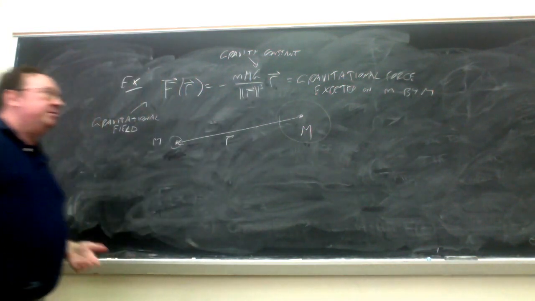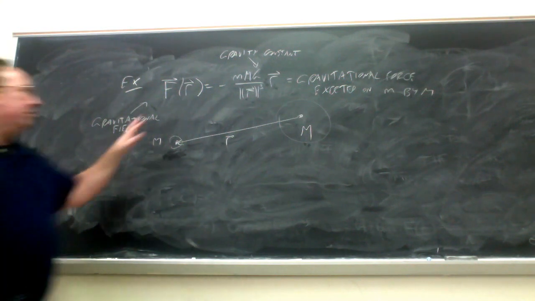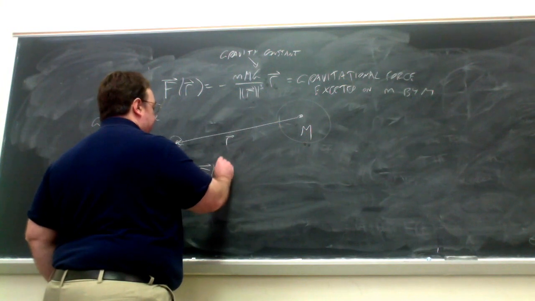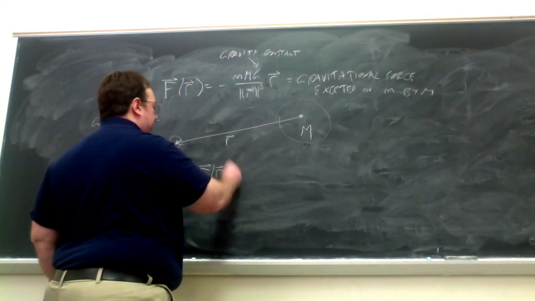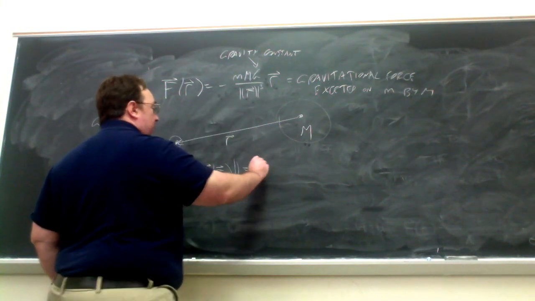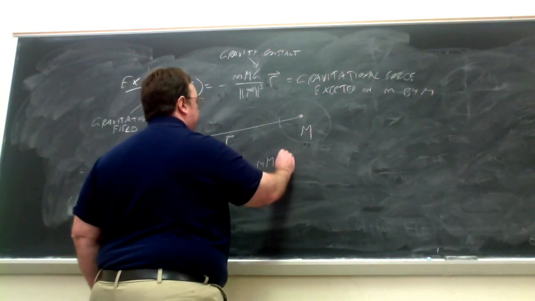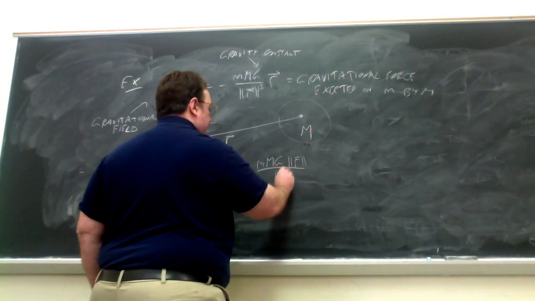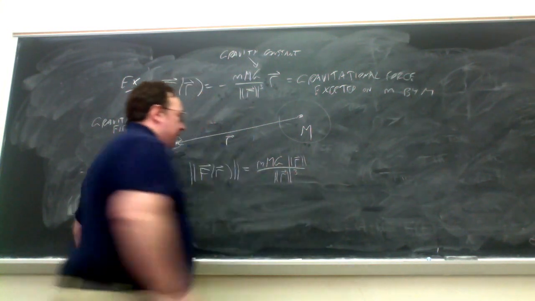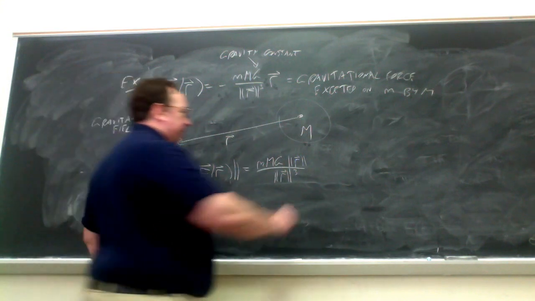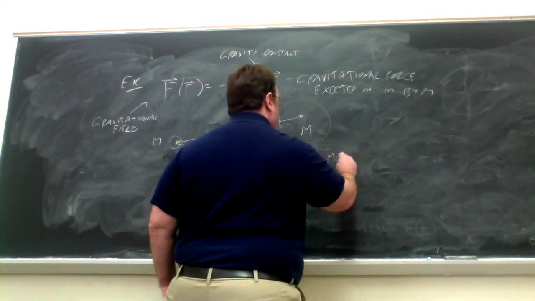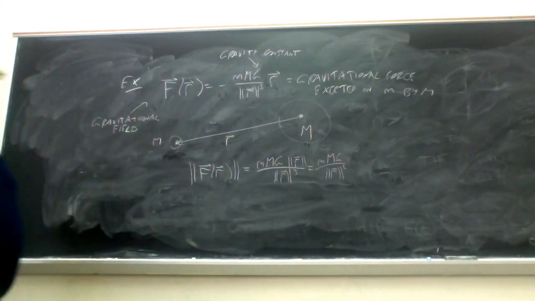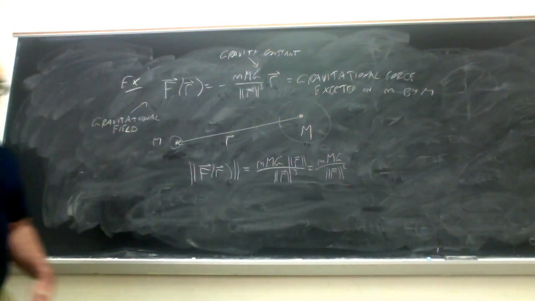So in the end, the magnitude of this gravitational force, because this has magnitude and direction, would be little m, big M, G, magnitude of R divided by magnitude of R cubed, which would then simplify to what you'd expect, that's proportional to 1 over the distance between the objects squared.